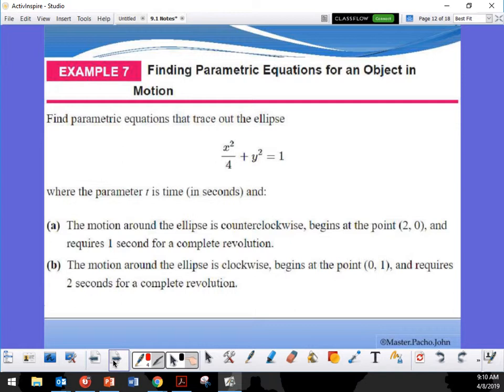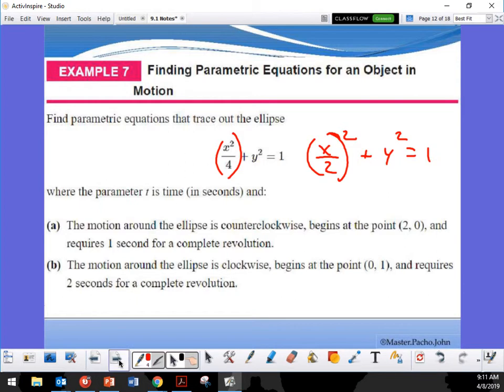So I know a couple things about this. Isn't this going to be (x over 2) squared, right? Okay. That right there is always good to know. So I have that piece right there.